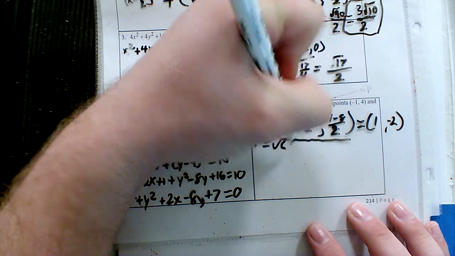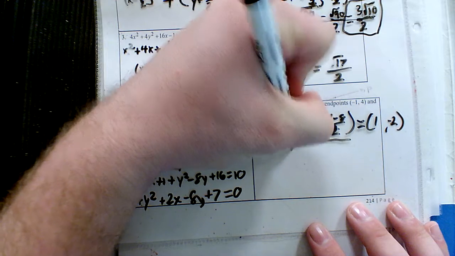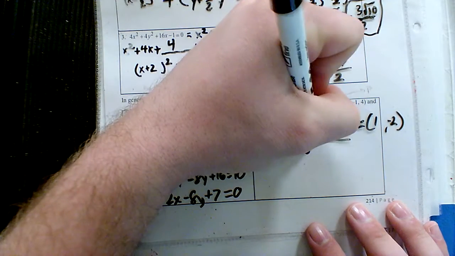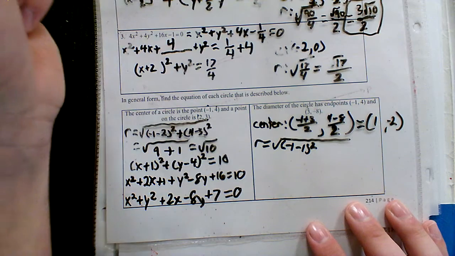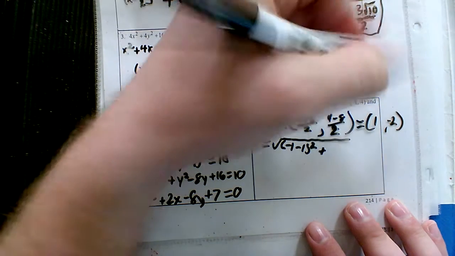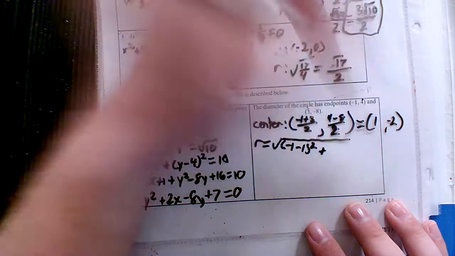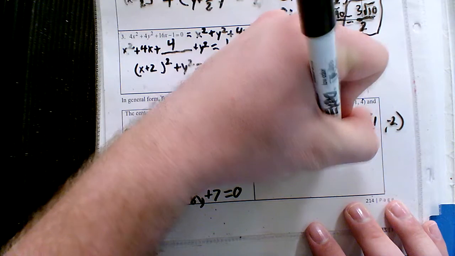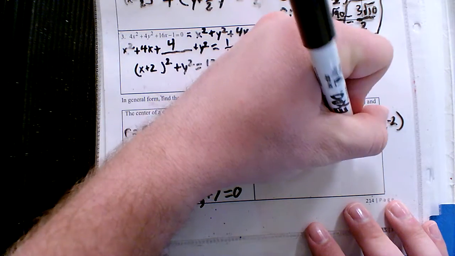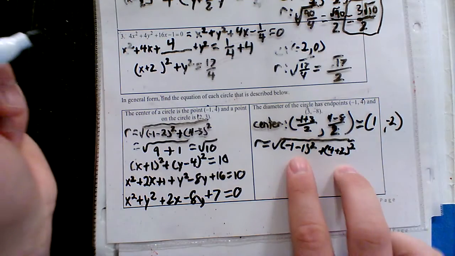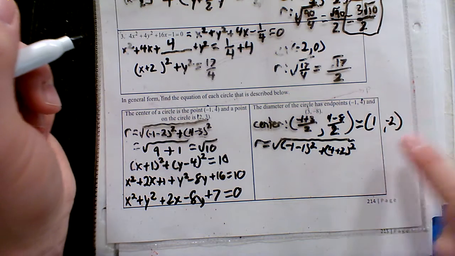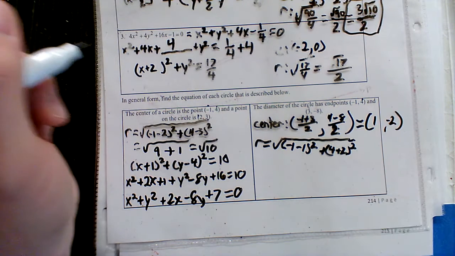Distance formula, we're going to plug in a value. So I'm going to start with -1 minus 1. And then I'm going to have my y values. So 4 minus -2 would be 4 plus 2. Remember with the distance formula, those are squared. So I used this point and the center. I used the -1, 4 point.